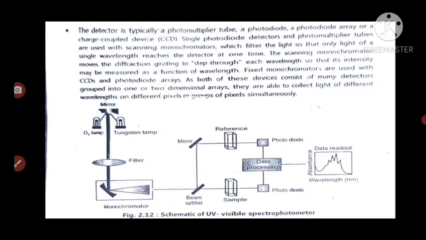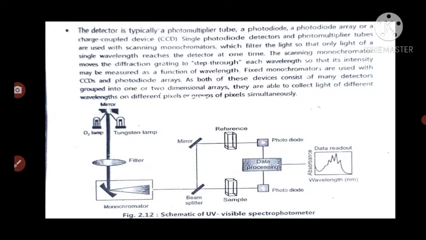and a D2 lamp. The tungsten filament has a range of 300 to 2500 nanometer, and the second lamp used there is the deuterium lamp, which is continuous over the ultraviolet region for the 190 to 400 nanometer range.